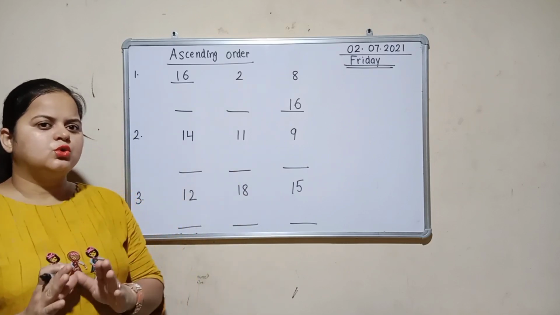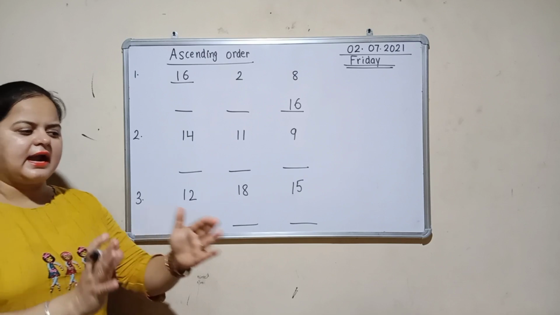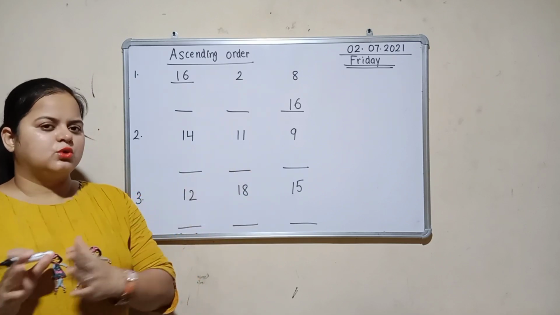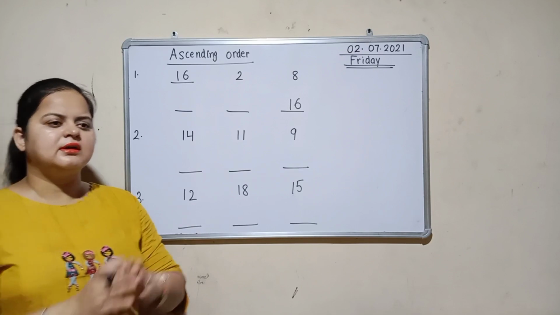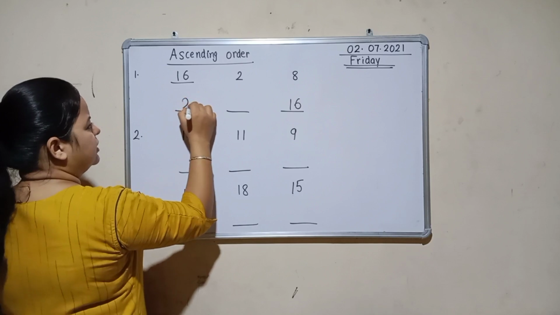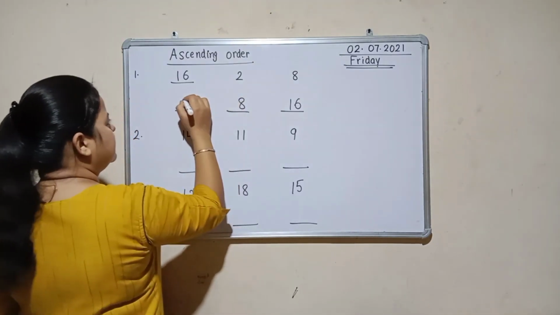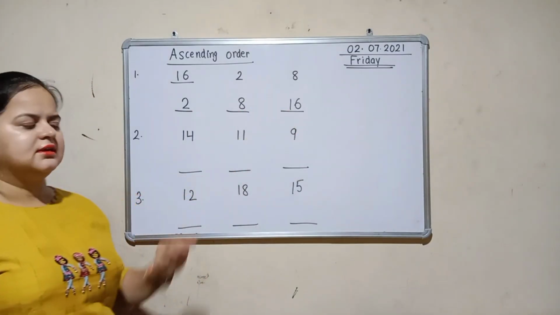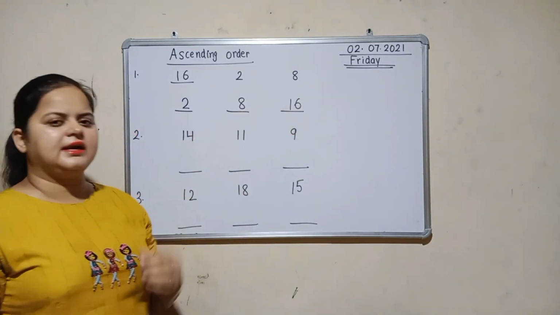So 2 is less and 8 is more. So 2 is the smallest number and 8 is greater. So we will write 2 here and 8 in the middle. 2, 8 and 16. This is called ascending order.